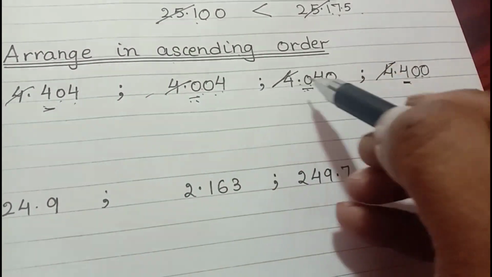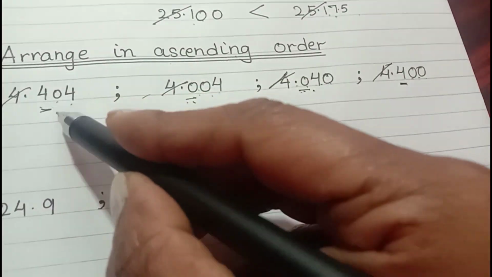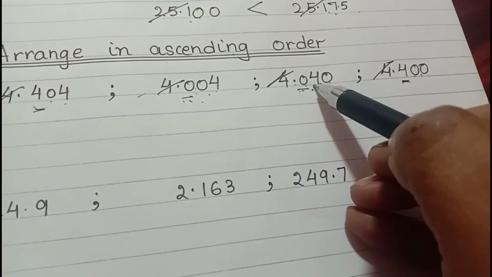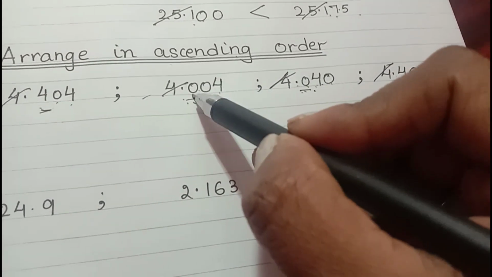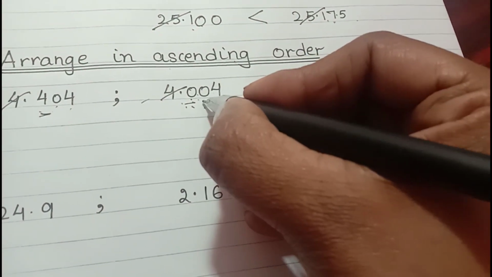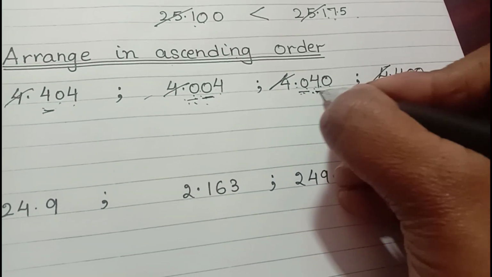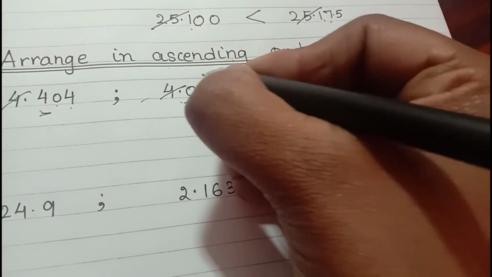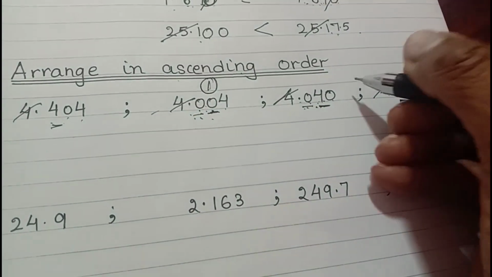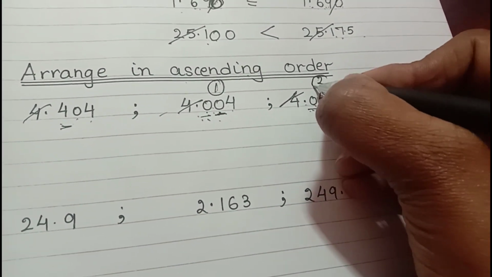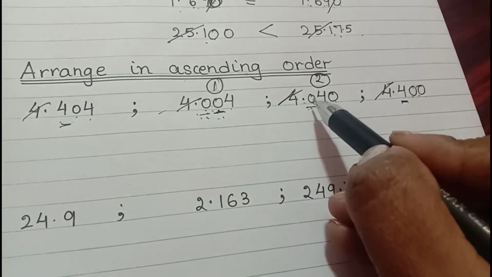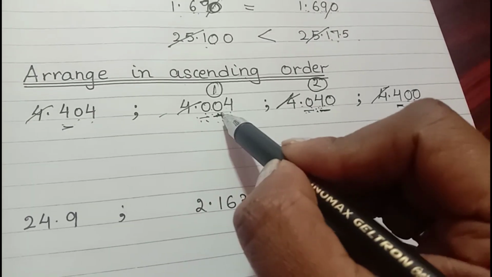Because 4 is big, 4 is big, we take the smaller ones. 0, 0 are the same. Now we see the second digit of only these two. So 0 is smaller and 4 is bigger. So write 2 over there. 1 here, 2 here, as out of these two, this is small.